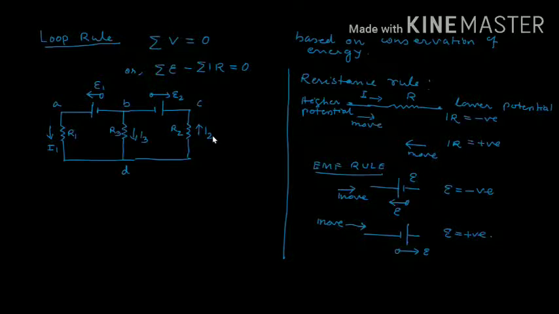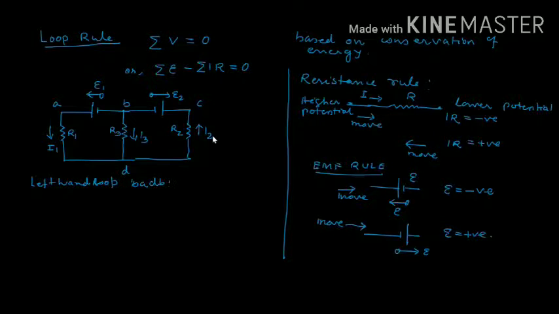Now we apply the loop rule to the left-hand loop, that is BADB. This is the left-hand loop and B is the starting point.